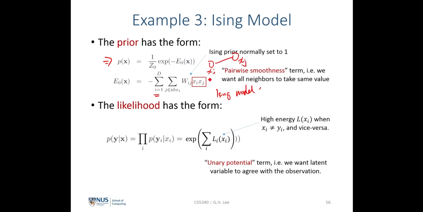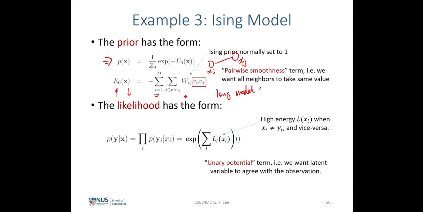As mentioned earlier, we want to enforce the prior that these 2 neighboring pixels should take the same label. So if they don't take the same label, we are going to penalize this. This means that the energy will increase if x_i and x_j do not take the same label, and if they take the same label, then we will decrease this particular energy term, which we can see here.